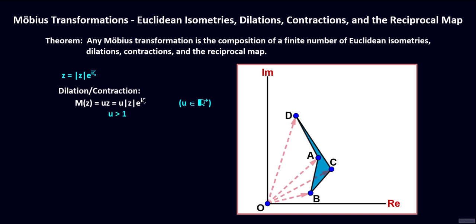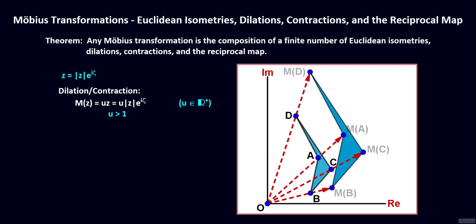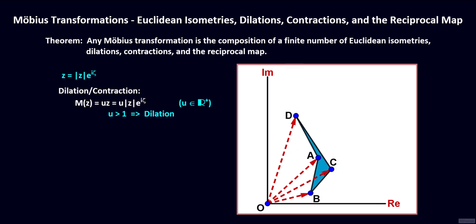If u is greater than 1, the distance of z to the origin is stretched by a factor u under the map m. If, on the other hand, u is less than 1, the distance of z to the origin shrinks by a factor u so that we have a contraction.